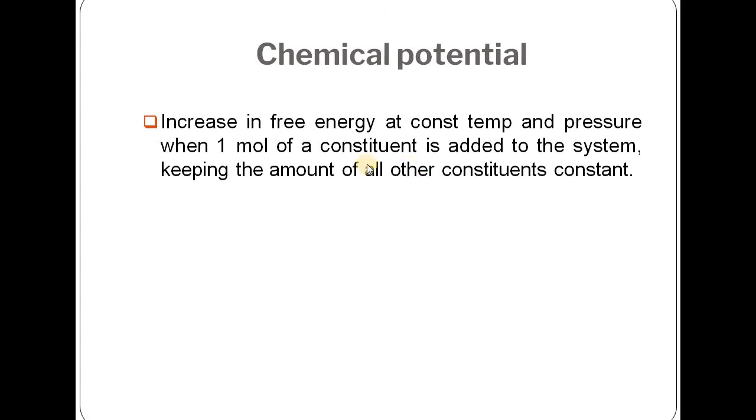Means chemical potential is the increase in free energy when we are adding 1 mole of constituent to the system. Conditions are constant temperature and pressure, and the amount of all other constituents is constant. Mathematically, we can express it: mu is equal to partial derivative of G with respect to Ni at constant temperature, pressure, and composition of all other constituents.